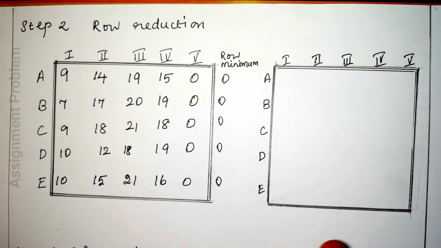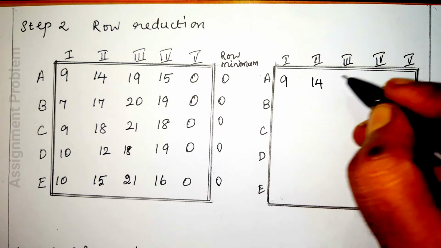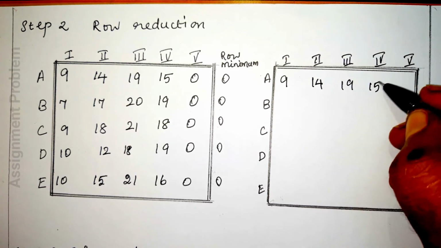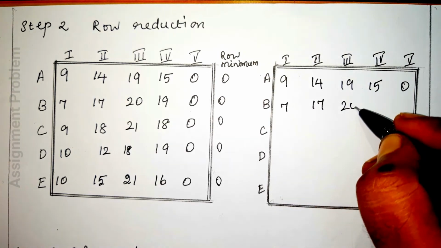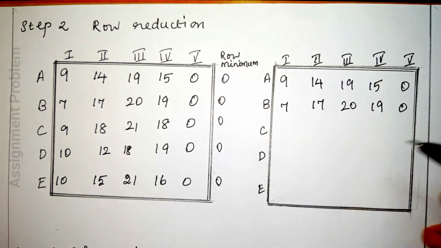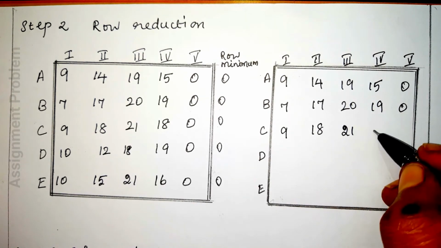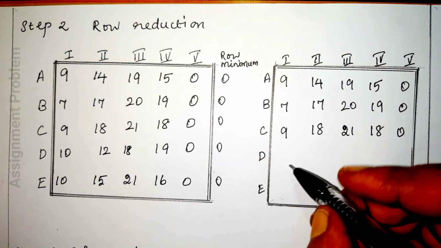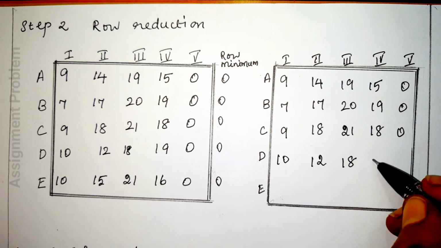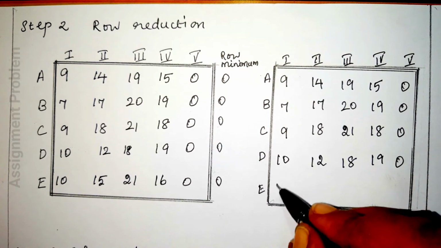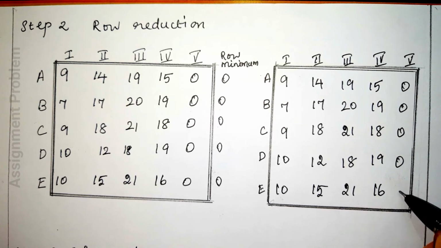After row reduction, you will get the same matrix, that is 9, 14, 19, 15, 0, 7, 17, 20, 19, 0, 9, 18, 21, 18, 0, 10, 12, 18, 19, 0, 10, 15, 21, 16, 0.